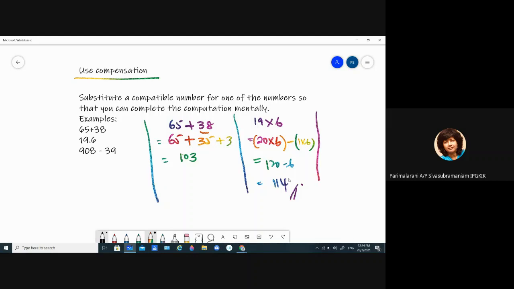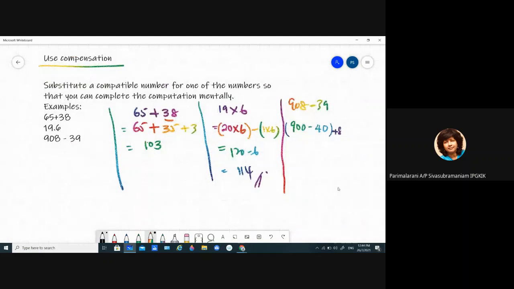And maybe one more example, 908 minus 39. To make it easy, we can use 900 first. 900 minus 39 or 900 minus 40. But instead of 908, we use less, 900. That means after we do this, we need to add on another 8. And because we have minus more 40, we also need to plus another 1.